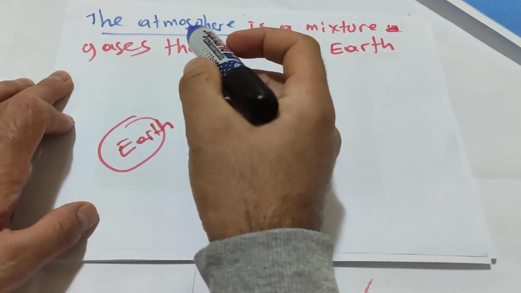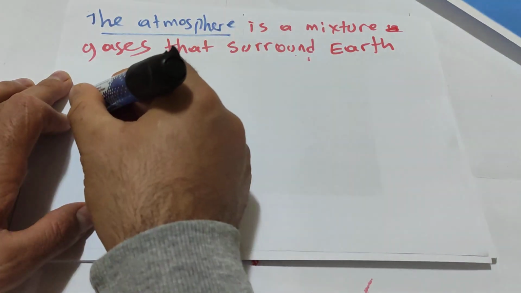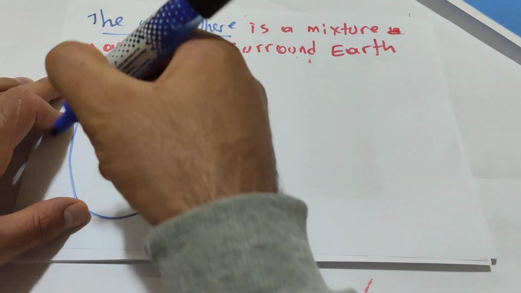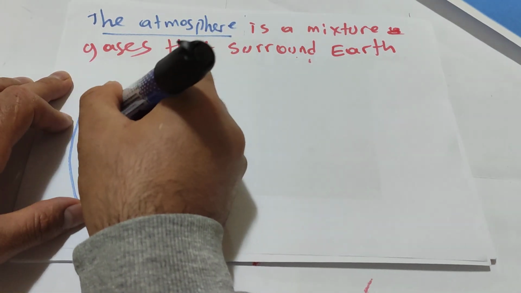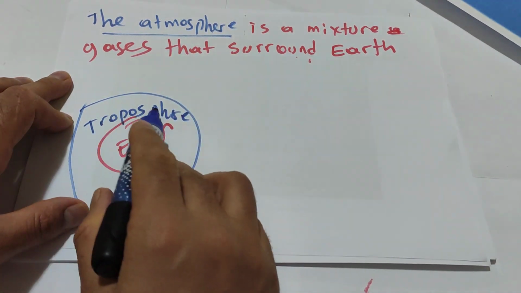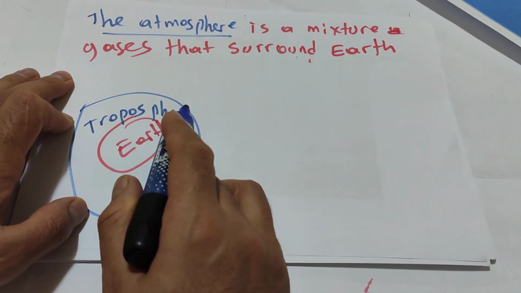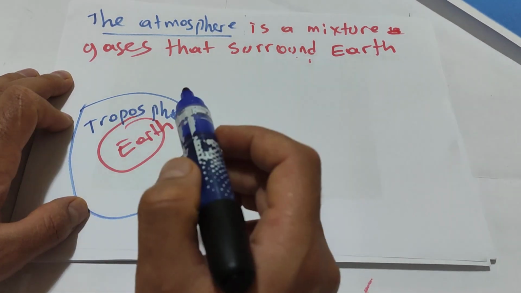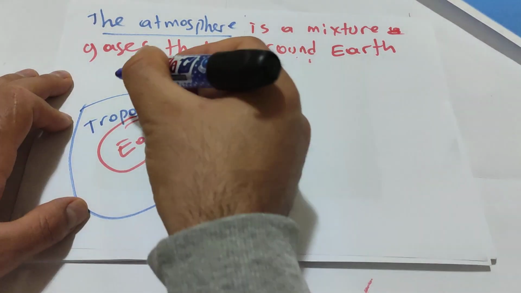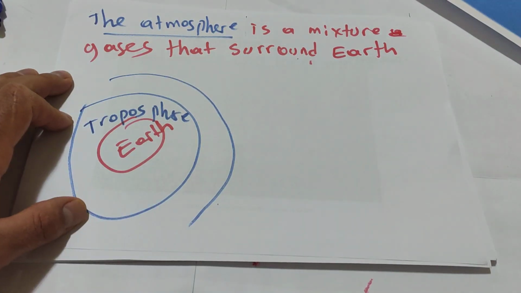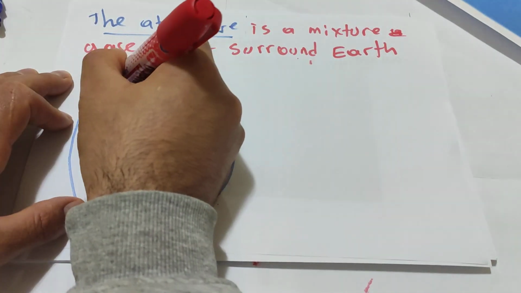There are 4 layers of the atmosphere. First layer, students, we call what? We call it the troposphere. Which layer are we living in? Almost 90% of gas is in the troposphere. The second layer of the atmosphere is called the stratosphere.